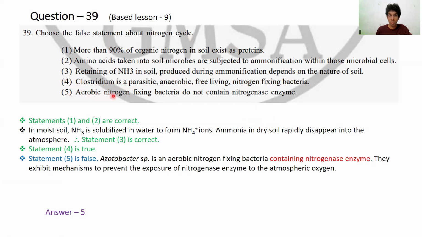Fifth one, aerobic nitrogen-fixing bacteria do not contain nitrogenase enzyme. That is false. For example, Azotobacter species is an aerobic nitrogen-fixing bacteria, and it has nitrogenase enzyme, and they exhibit different mechanisms to prevent the exposure of nitrogenase enzyme to the atmospheric oxygen. So they are asking for the false statement. The false statement is the fifth one, so the correct answer is 5.